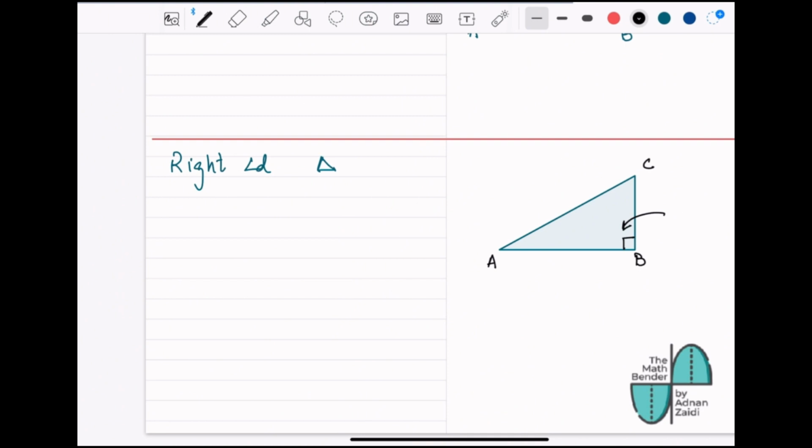So if you look at it, this angle B is equal to 90 degrees, and one angle has to be equal to 90 degrees. We'll go further and discuss more on the right angle triangle. That's where our approach will be.